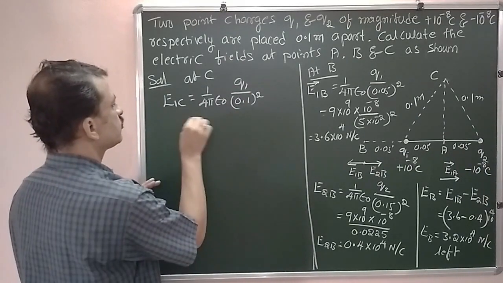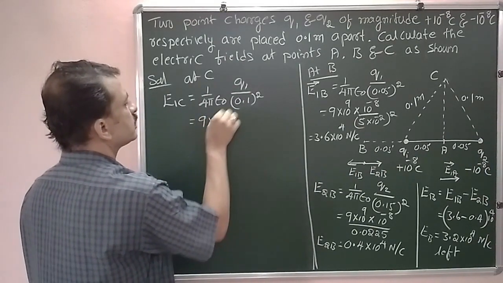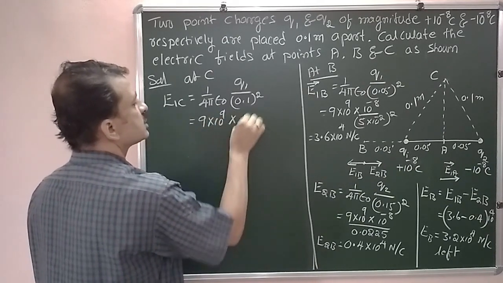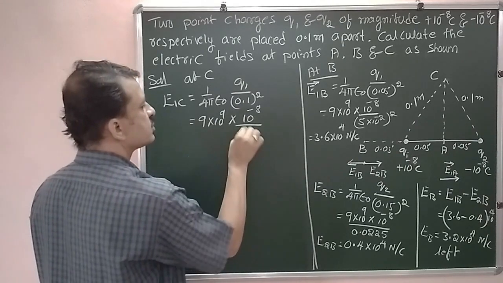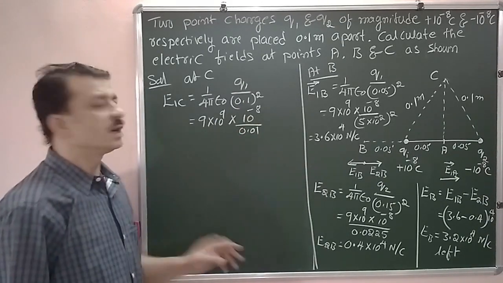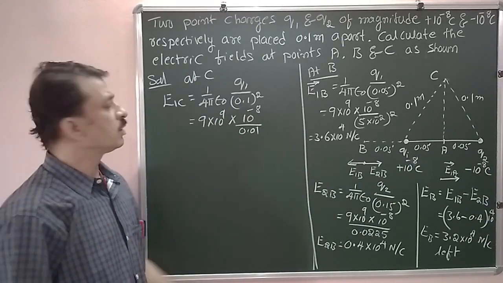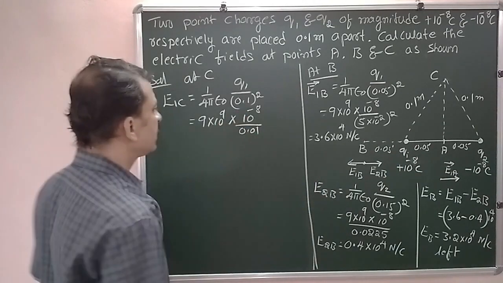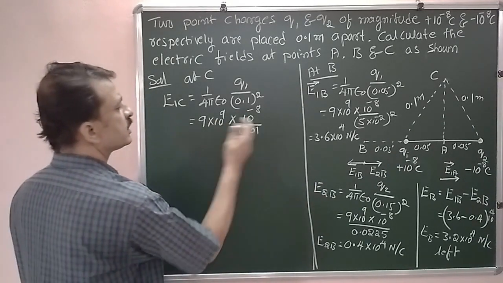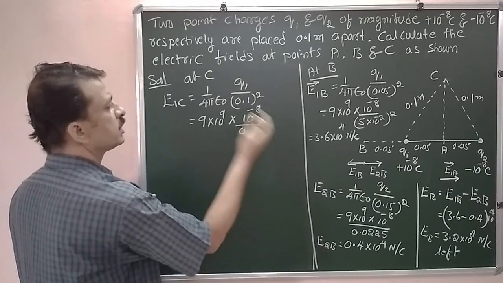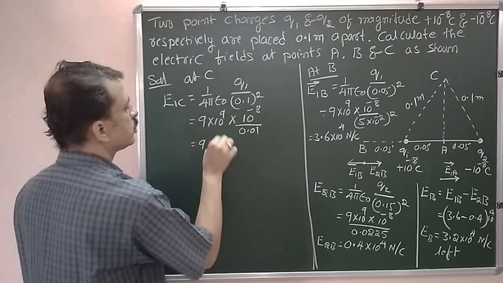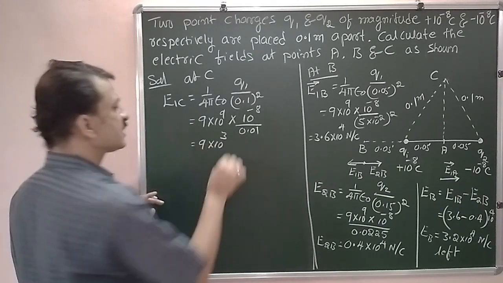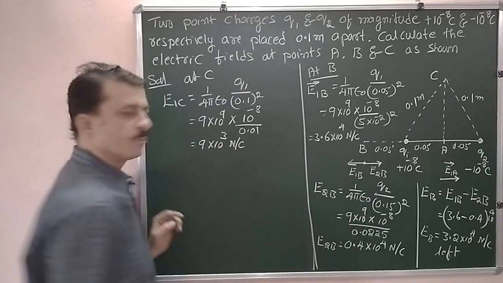Now substitute the values: 9 into 10 to the power of 9 into charge 10 to the power of minus 8, divided by 0.1 whole square, which is 0.01, or 10 to the power of minus 2. Taking it to the numerator, it becomes plus 2. So 10 raised to 9 plus 2 is 10 to the power of 11, minus 8. Therefore it is 9 into 10 to the power of plus 3 Newton per Coulomb.